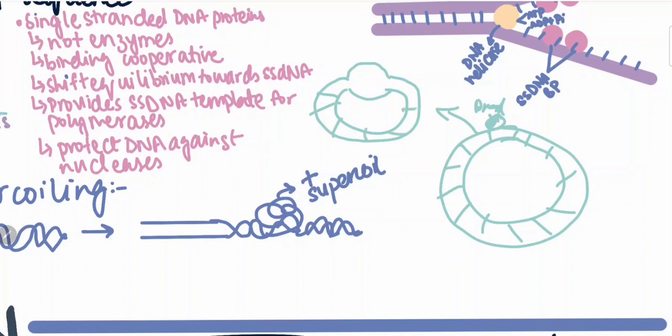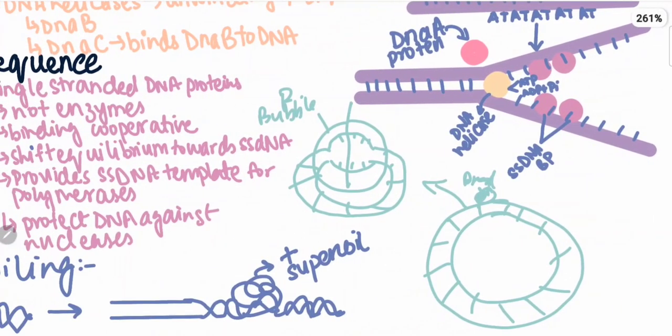So everywhere else there are going to be bonds, but the bonds are broken here. This right here is called the replication bubble. But if we cleave it and see only half of it, we see this is the replication fork right here.